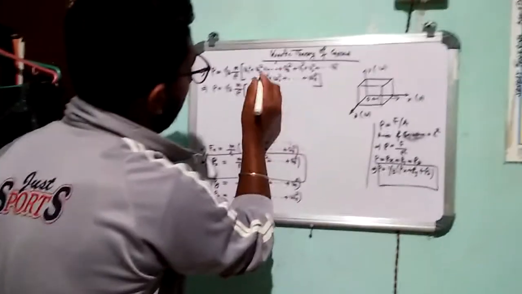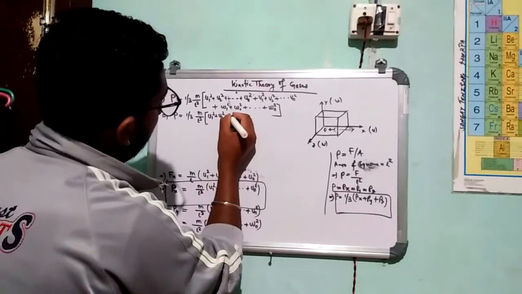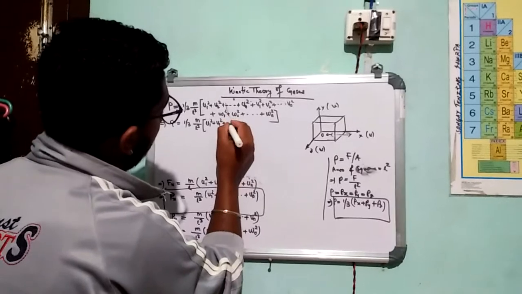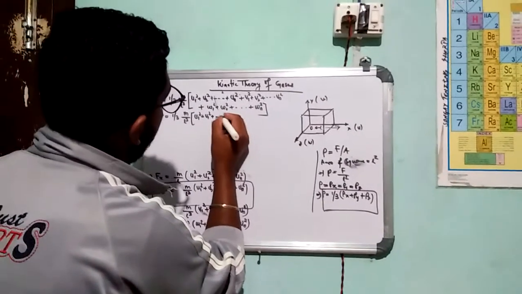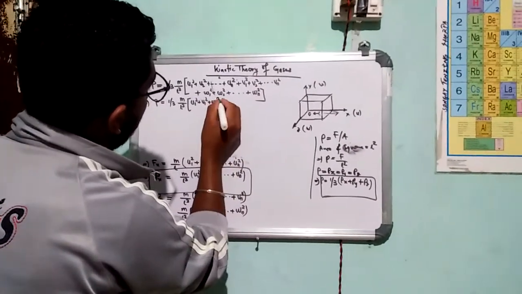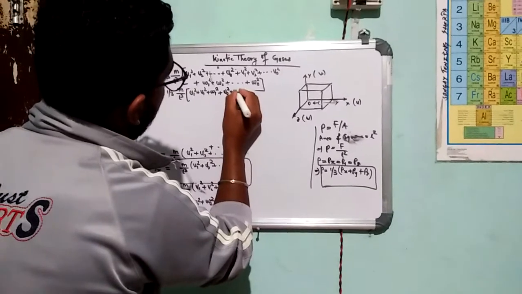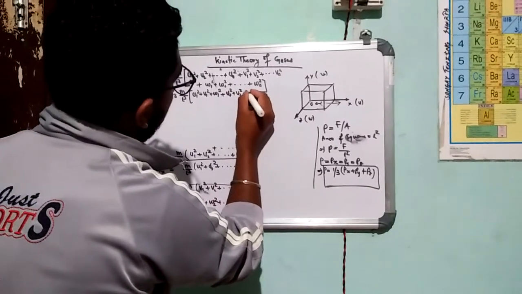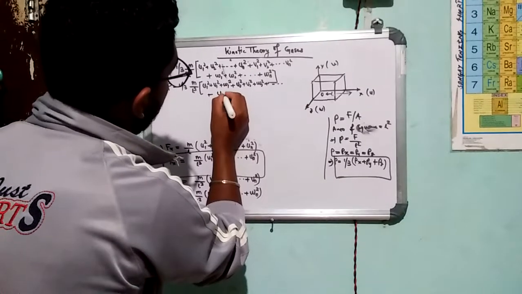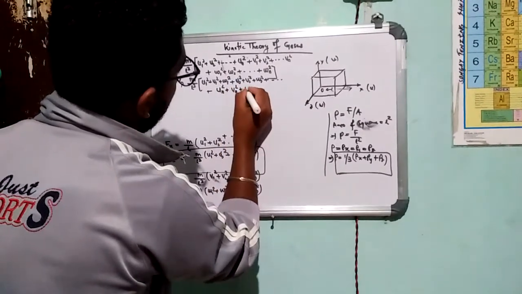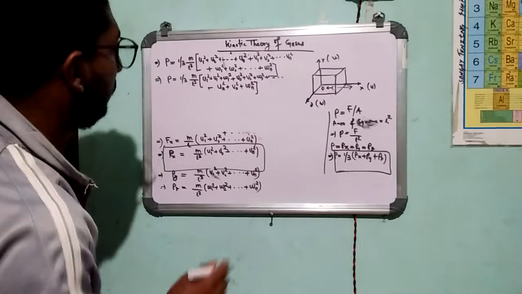Actually, rearranging this, u1 square plus v1 square plus omega 1 square, then again plus u2 square plus v2 square plus omega 2 square, plus dot dot dot plus un square plus vn square plus omega n square.